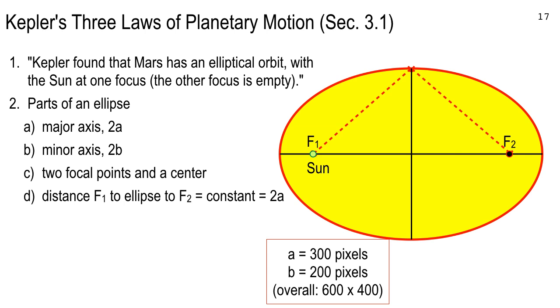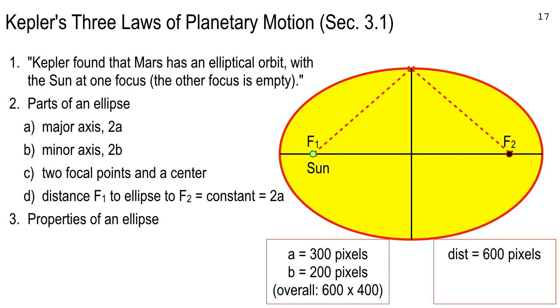Choose a point right over here, at about 1 o'clock, where my cursor is, and draw the line segments, measure them, add them up, and they'll add up to the same number. So it doesn't matter where you connect to it. The distance from F1 up to anywhere on the ellipse and then back down to F2 is 600 pixels.